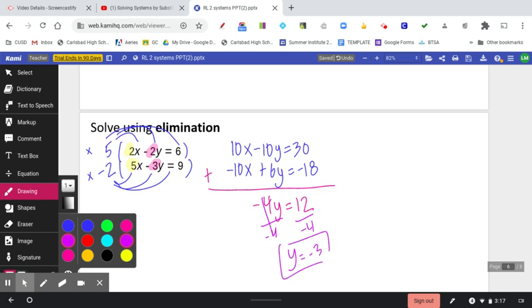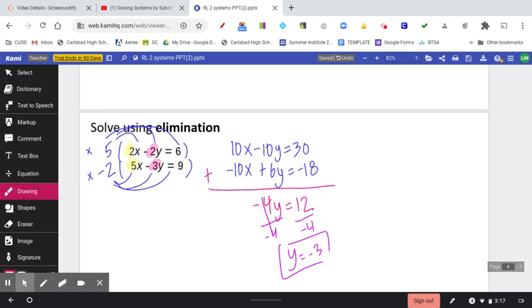Y equals -3. Okay, again, the goal is to create one equation, one variable. Once we do that, this kind of opens everything up for us, right? If we know y is -3, we can plug back into one of those original equations. So I'm going to take first or second, doesn't matter. I'm going to take this first equation, 2x minus 2y equals 6, but I'm going to now substitute.